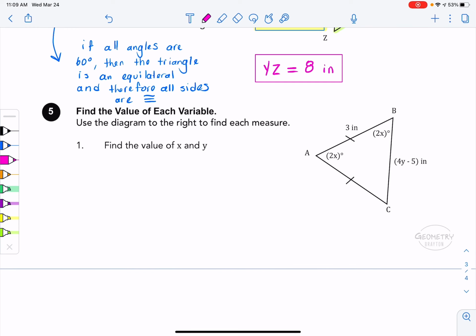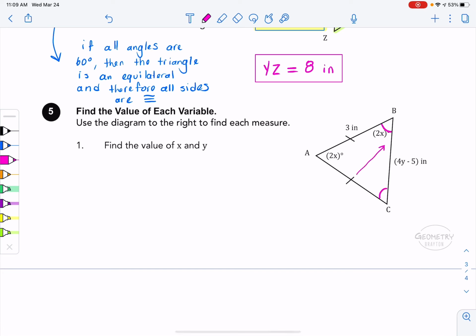And lastly, our example set 5, but the last number, is to use this diagram, and we need to solve for variables x and y. So I'm going to start with the variable x, and the reason why I'm going to start with variable x is that I see that I have two congruent sides. So based on the isosceles triangle theorem, if I have two congruent sides, then I have two congruent base angles.